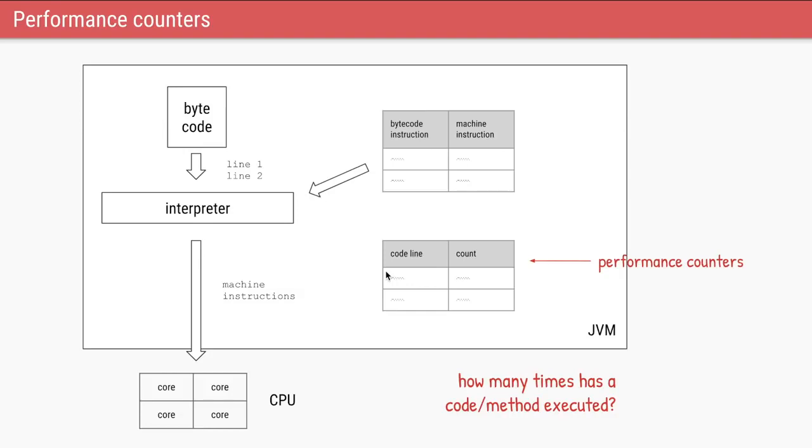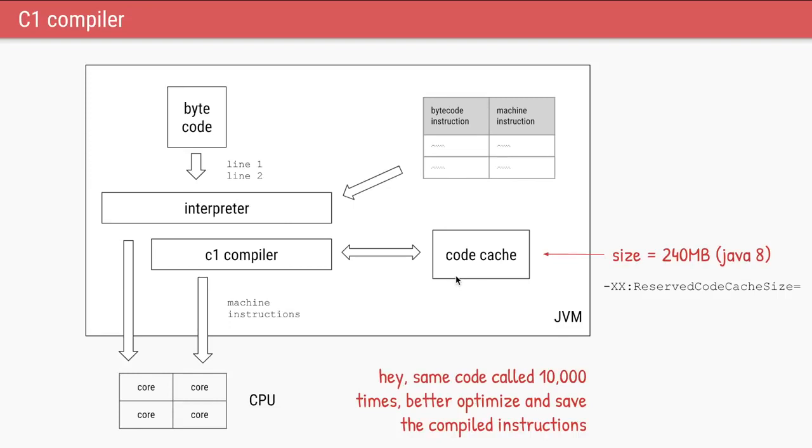For example, if there is a method called add and it is repeatedly called, the counter of how many times that method is called will be incremented. Once that counter reaches a particular threshold, let's say this method add is run 10,000 times from the point where your application started, that means this method is going to be used a lot more times. So it's better that we compile it and save the compiled copy once.